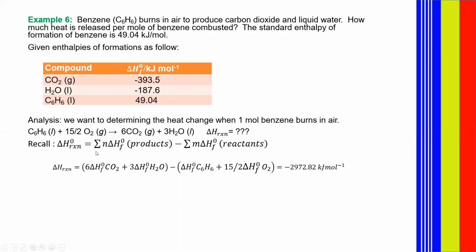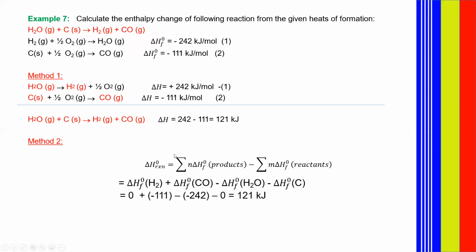So the products minus the reactants can also be expressed in this way. You can do this in terms of this, or you can do that in terms of the simultaneous equation.